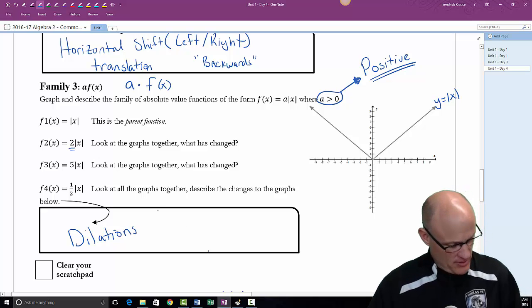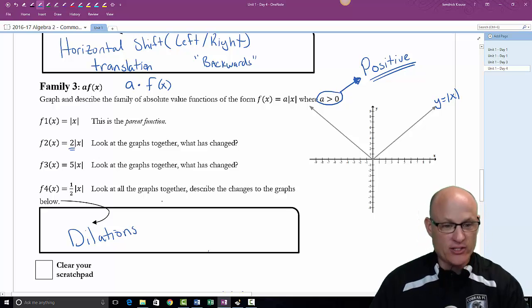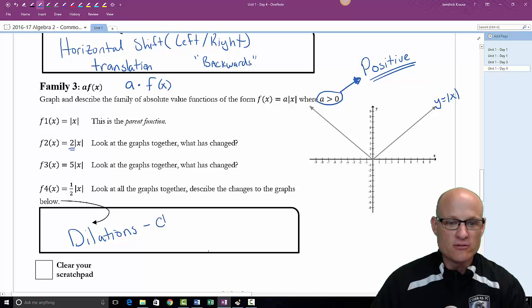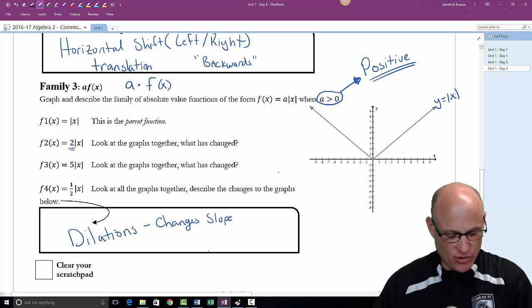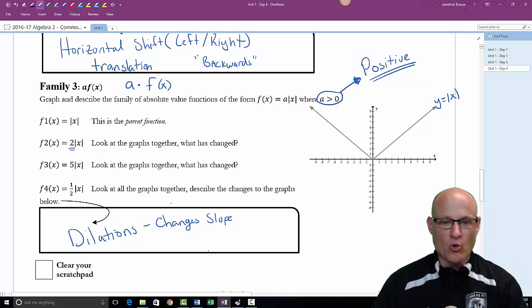And what I want you to remember with these is it changes the slope or the rate of change. It becomes steeper or wider. So when a is greater than 1, it becomes steeper.